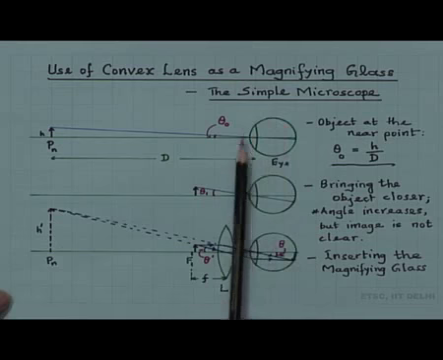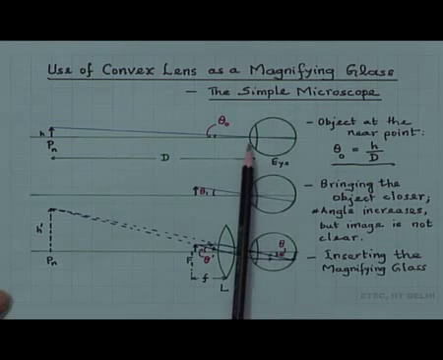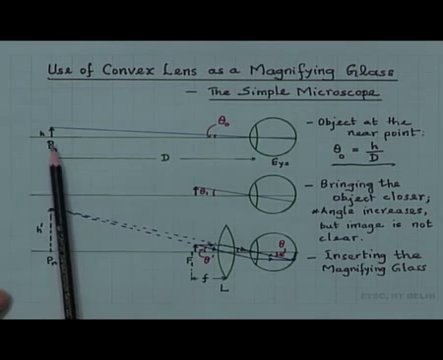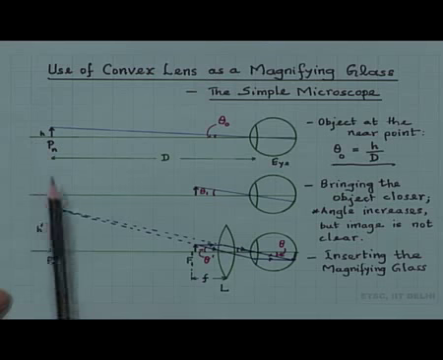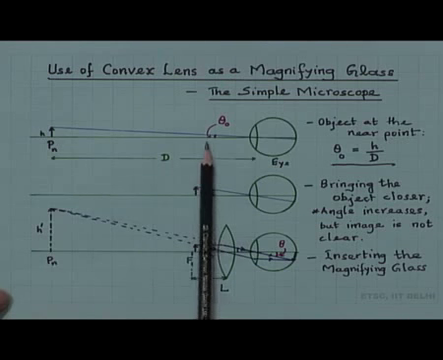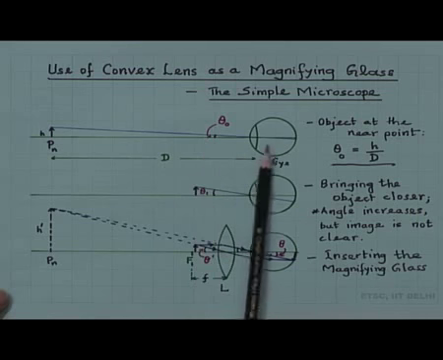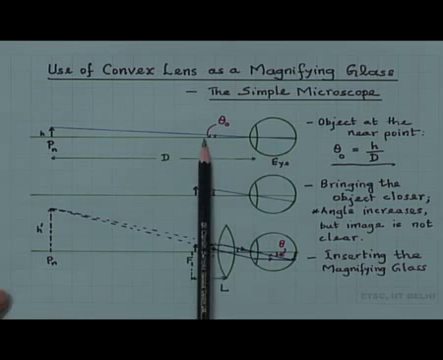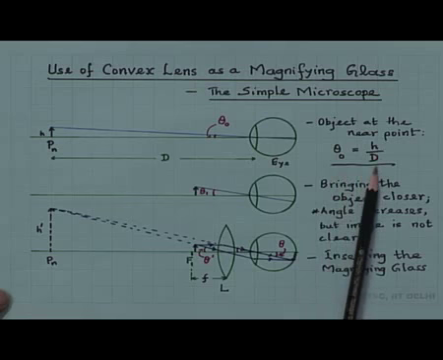What I have shown is the eye ball here with the eye lens, a small object of height h which is placed at the near point D subtends an angle theta 0 here at the eye, which is equal to h by d.